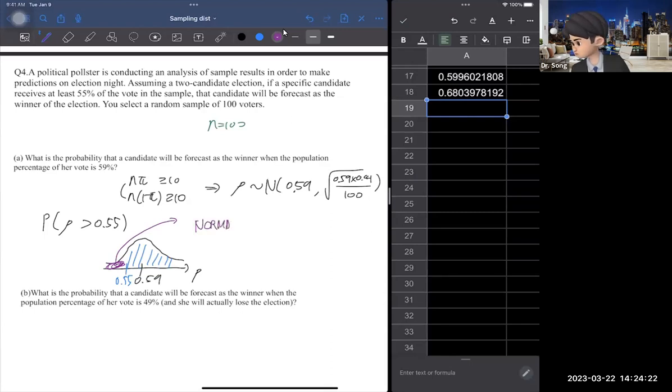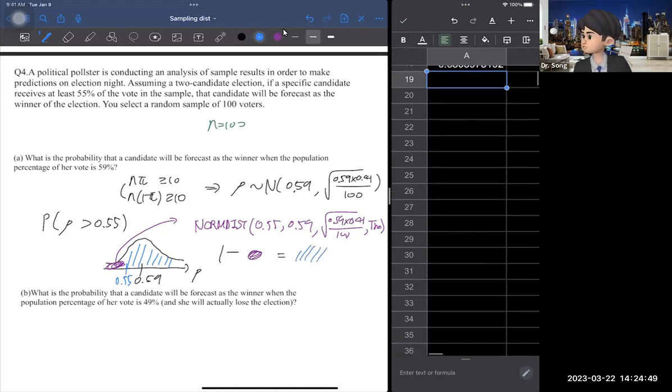So the purple shaded area is following NORM.DIST, 0.55, mean equals 0.59, standard deviation is square root of 0.59 times 0.41 divided by 100. Then it gives me the purple shaded area. In order to find the blue one, it is 1 minus this purple one. Then I can find this blue shaded area.